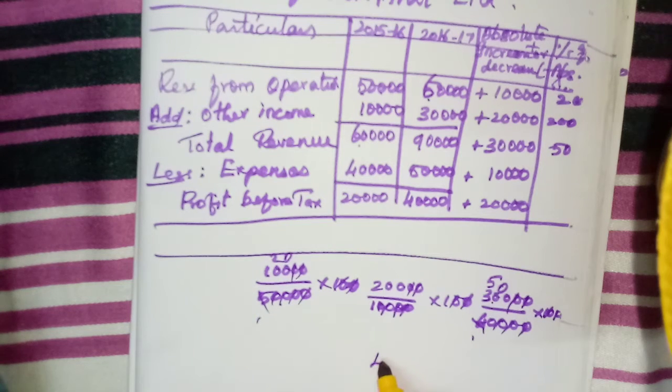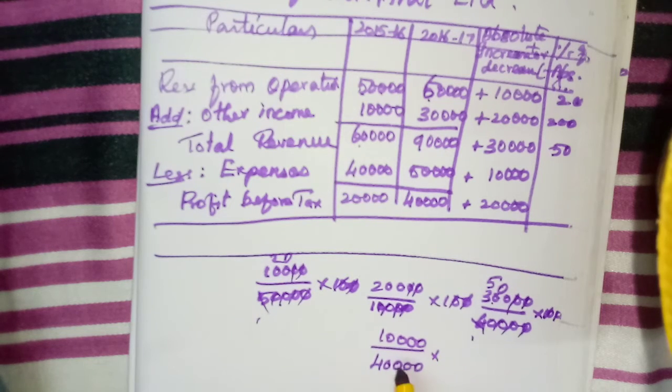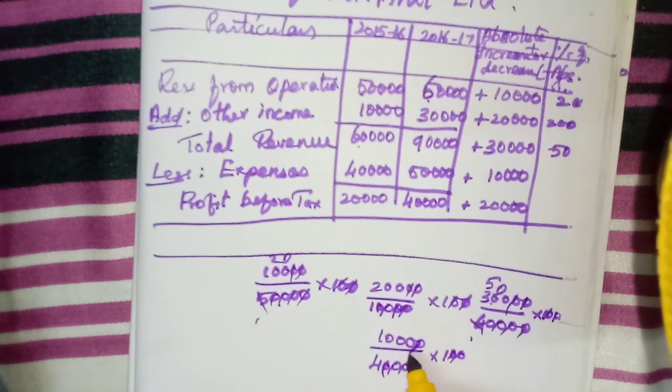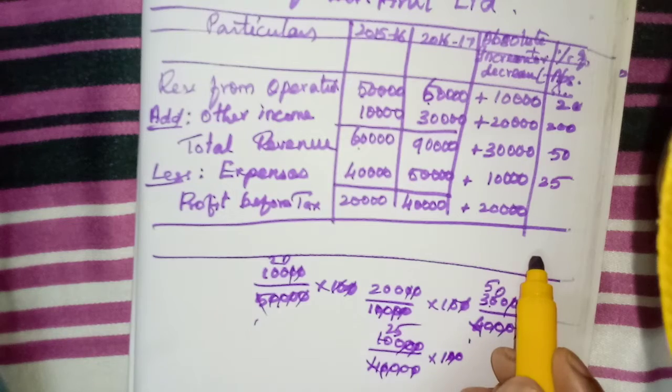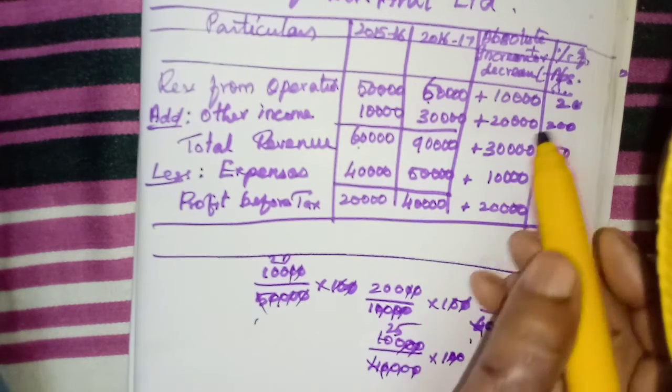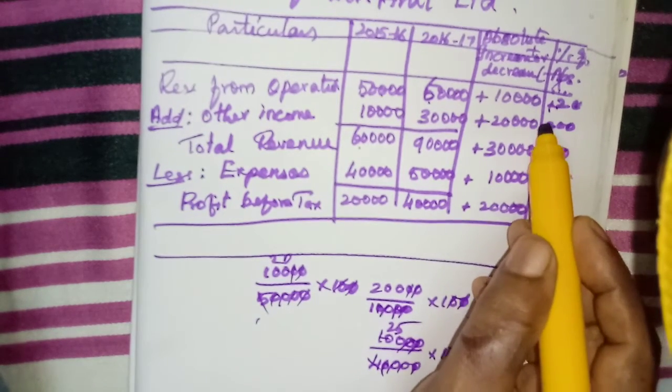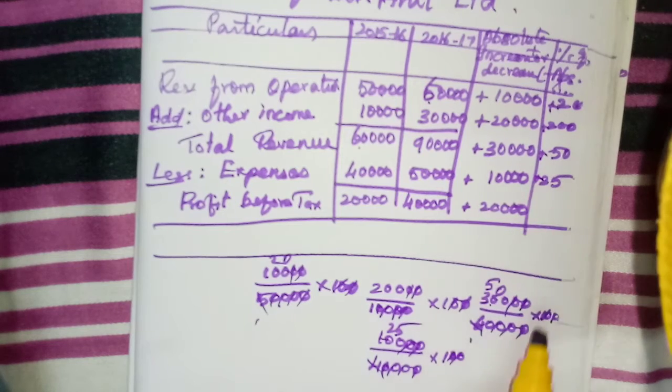Here you see, for 40,000, 10,000. Here 4 into 1, so for 100 divided by 4, we will get 25%. Then we have to write plus, everywhere plus.